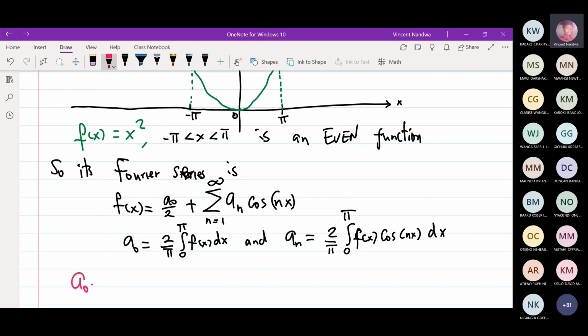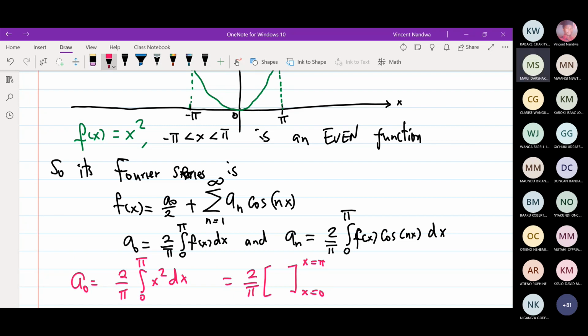So a naught will be 2 over pi, 0 to pi of x squared dx. So when you integrate x squared, we get x cubed over 3.